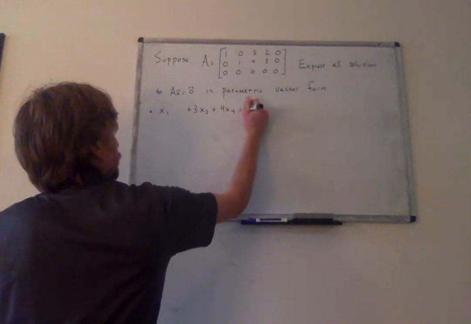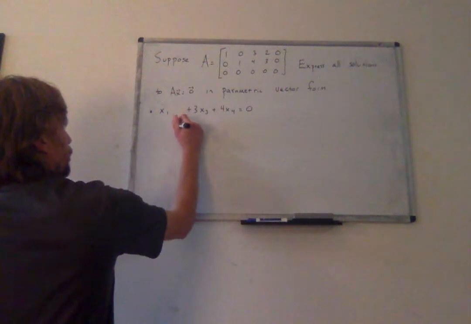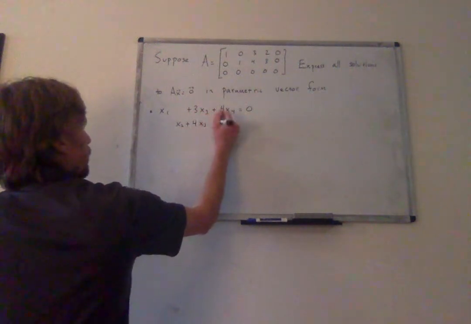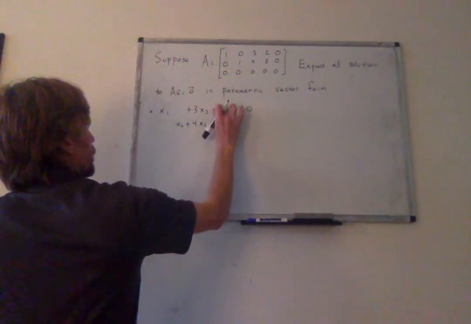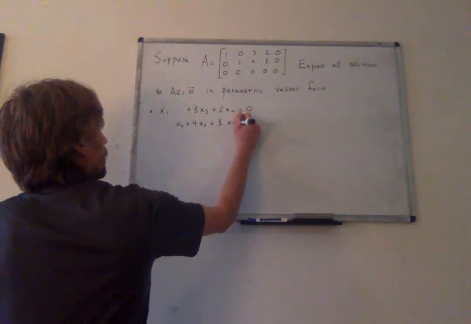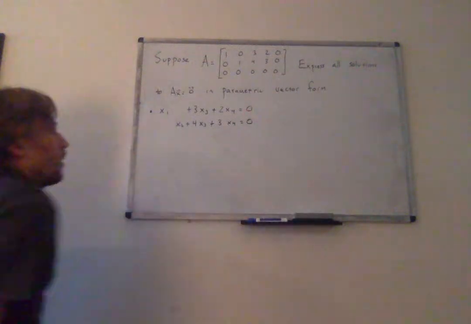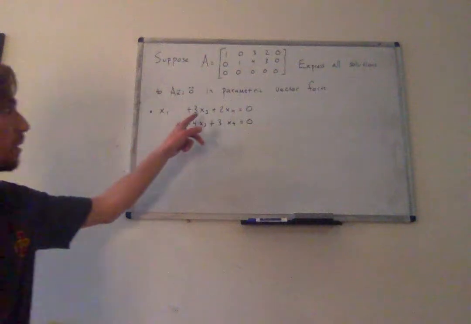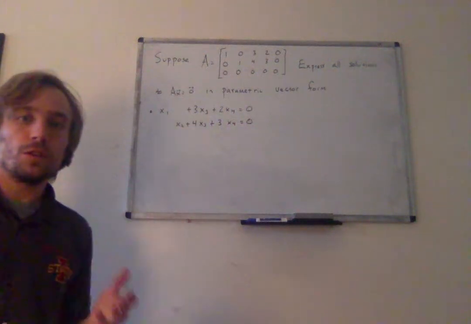And so notice this reduced row echelon matrix would correspond to the following system of equations. Oops, sorry, that should be a 2. Where here, x1 and x2 are fixed or non-free variables, x3 and x4 are free variables.